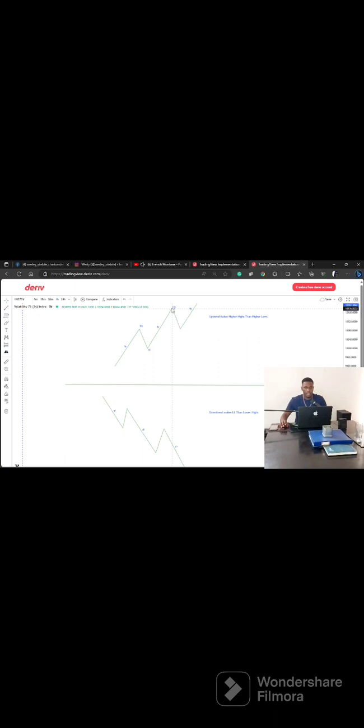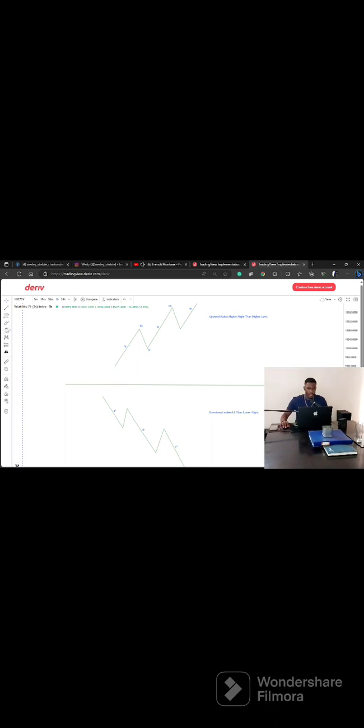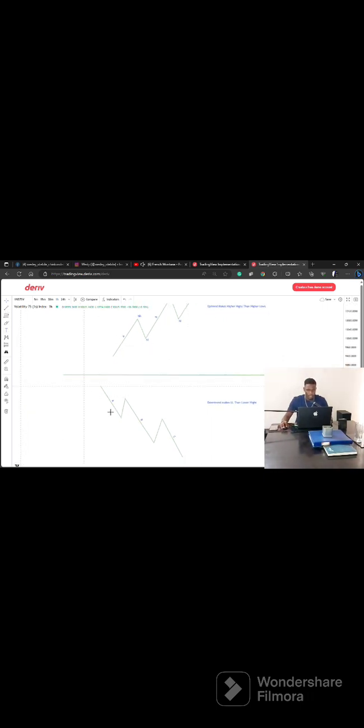So that is the difference between an uptrend and a downtrend, guys. In an uptrend, price will make a higher high, as you can see here in our example, then price will make a higher low, then price will make a higher high.